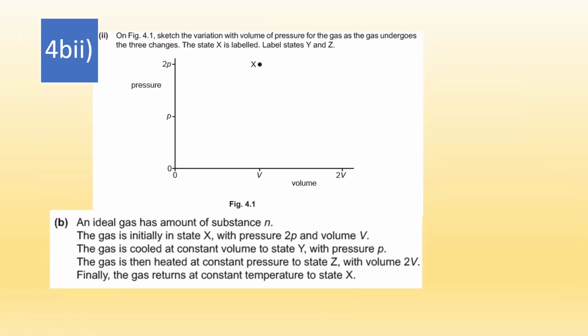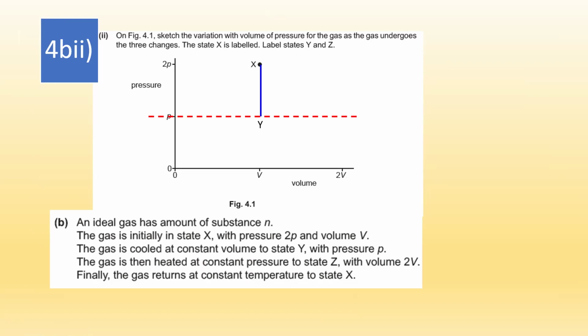Okay, now you're supposed to draw on figure 4.1, sketch a variation of pressure with volume for a gas. A gas undergoes three changes. The state X is labelled, Y state and X state. Okay, we are told that from state X it is cooled at constant volume to a pressure P. So it's a vertical line, no?